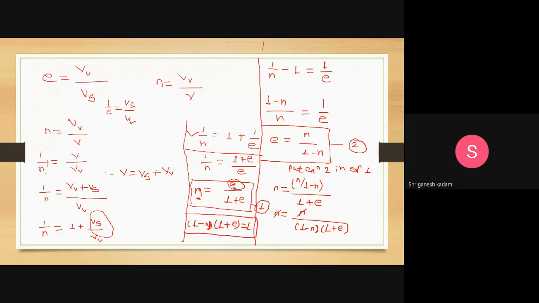So this is again one relation you will get between N and E. This is the third relation. So here you can remember these three equations: N equal to E upon 1 plus E, E equal to N upon 1 minus N, and another relation that 1 minus N into 1 plus E equal to 1. So these are the relations between void ratio and porosity.